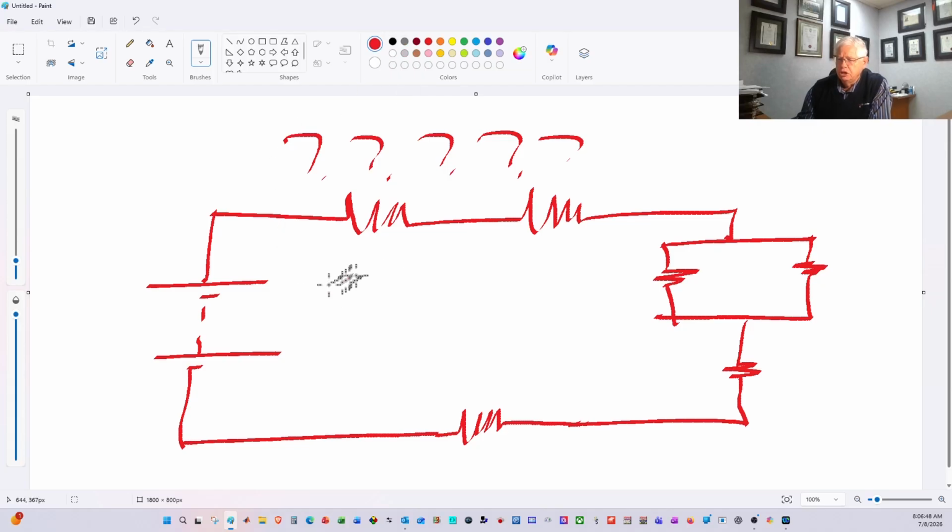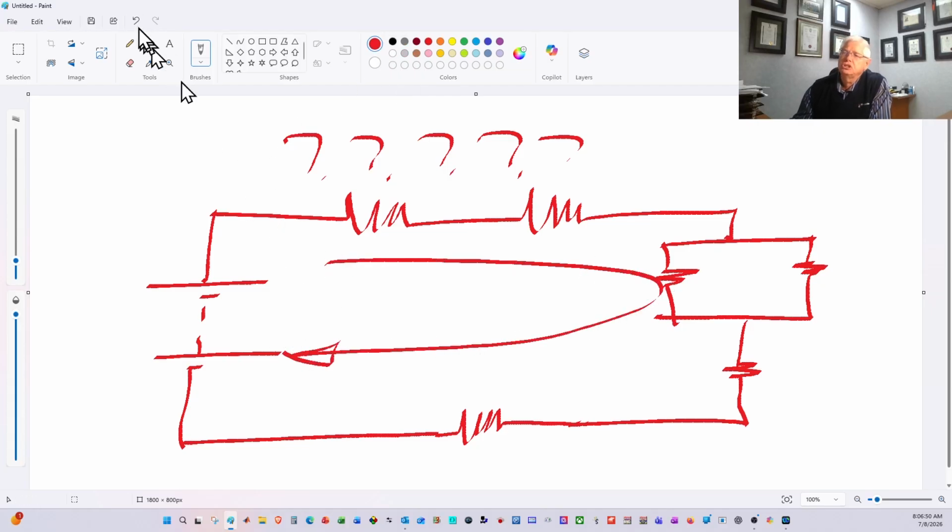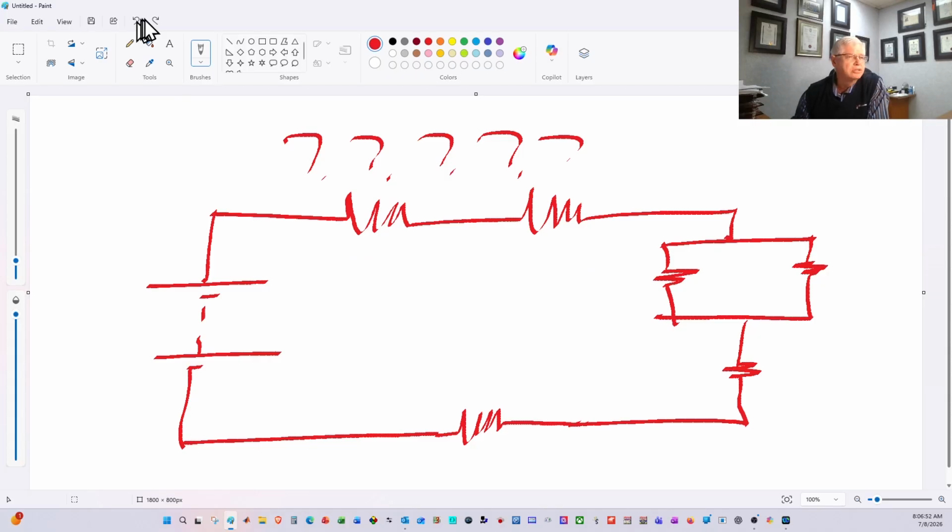It's very easy to do. You get the total resistance of your circuit and you divide that into the voltage, and that's going to give you the current that is going to flow. So the current at that point is going to be exactly the same as the current at that point and the current at that point.